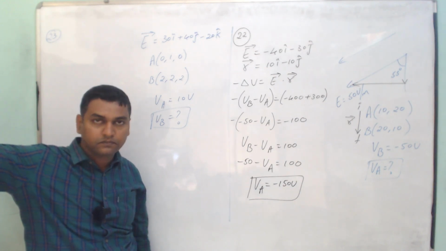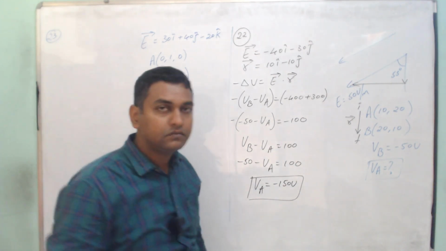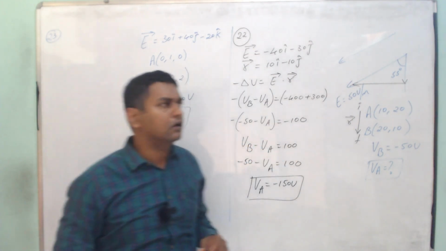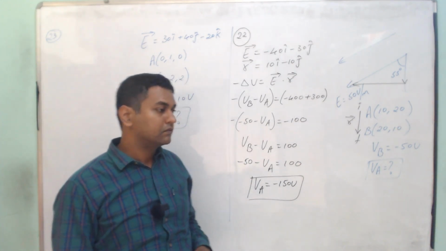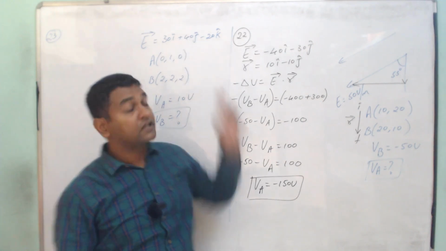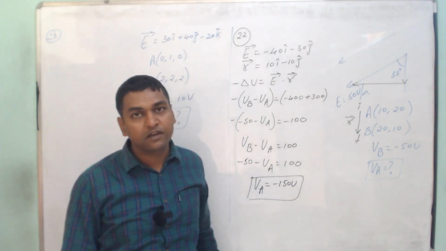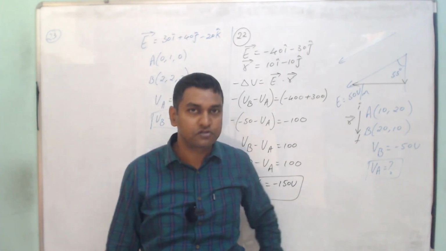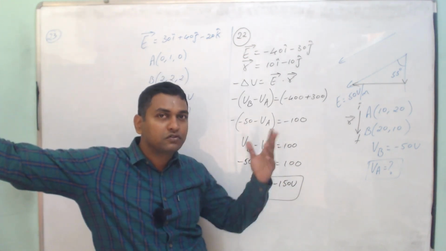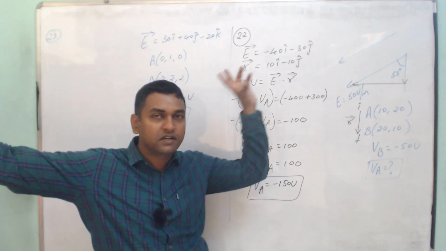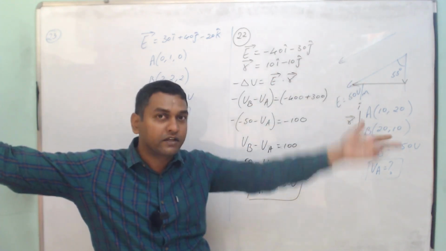Why, sir? I mean, there won't be any difference. So you can imagine 30 i cap plus 40 j cap plus 20 k cap vector in a 3D way, right? Because you're so high IQ.